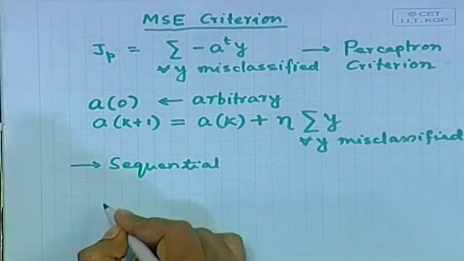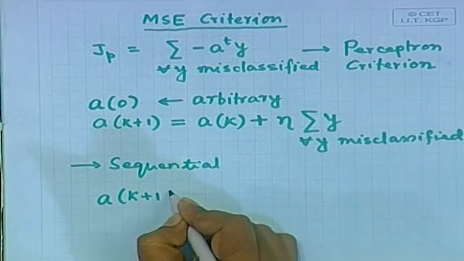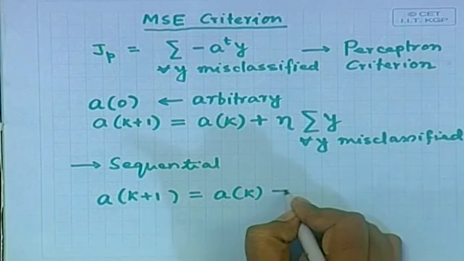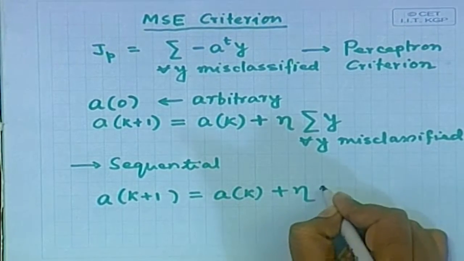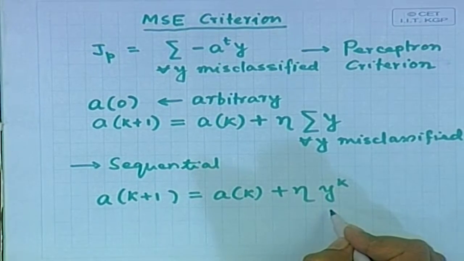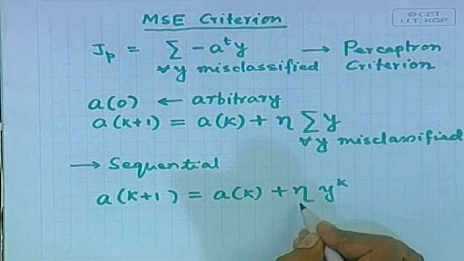If the kth sample is misclassified, then you immediately update the weight vector: Ak plus 1 will be Ak plus eta times Yk, where Yk is the sample which is misclassified by the weight vector Ak, and eta is the convergence factor.